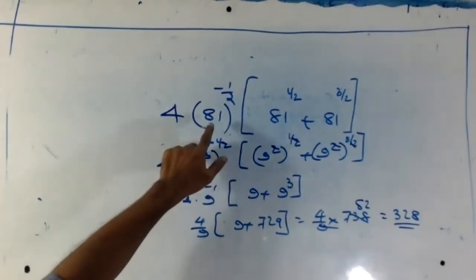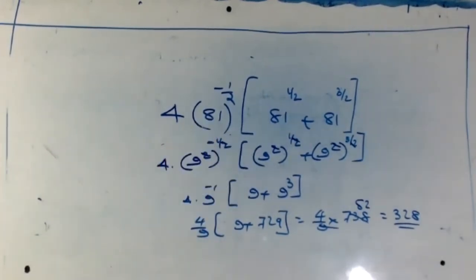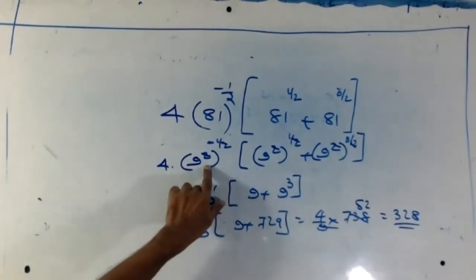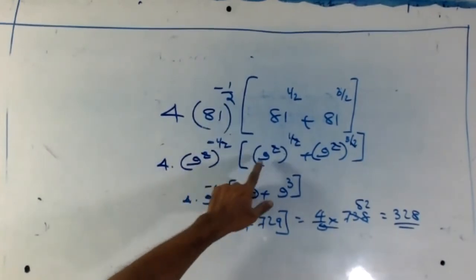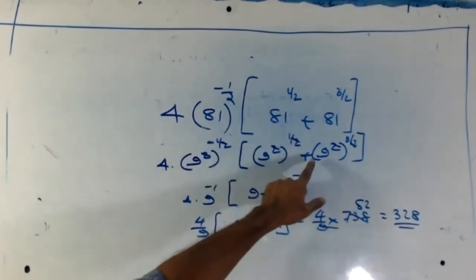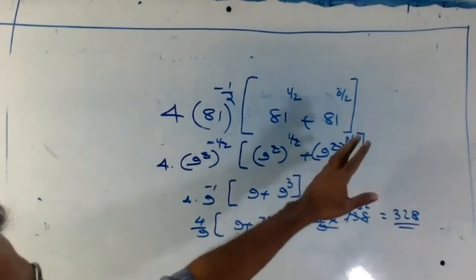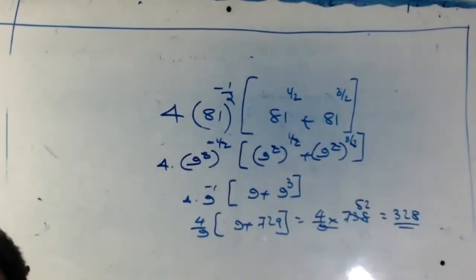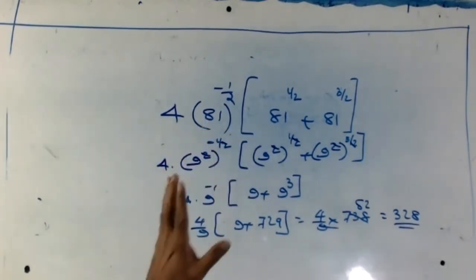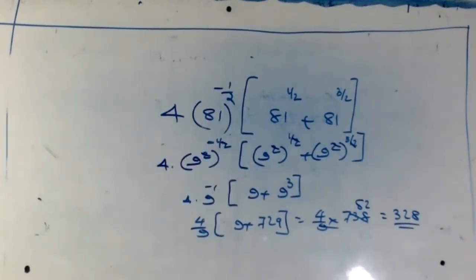Look. First of all, 81 we can write as 9 square. I wrote this one. This is minus 1 by 2 here, (9 square) all raised to 1 by 2 plus (9 square) all raised to 3 by 2. That step okay or not? So the first line, all 81 we can write as 9 square.